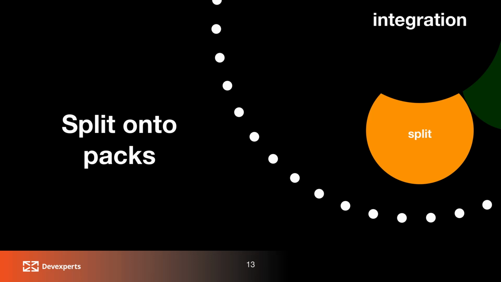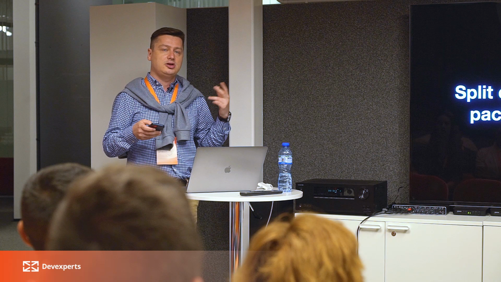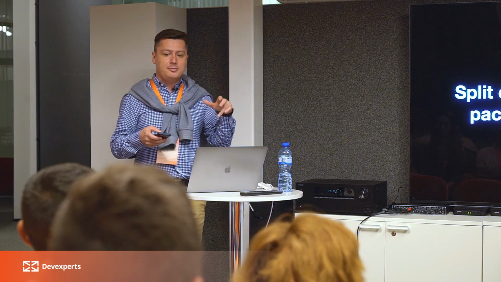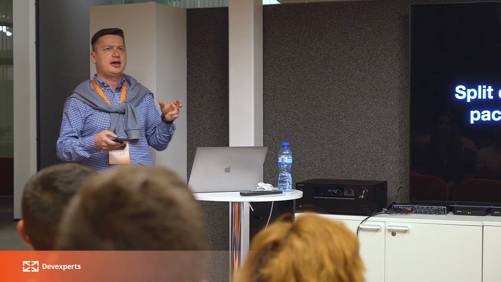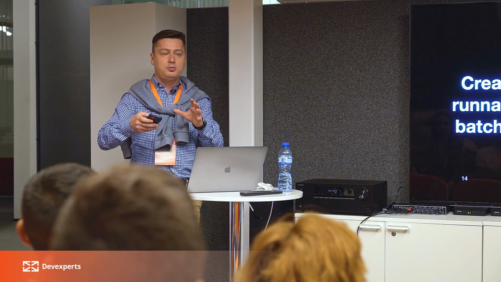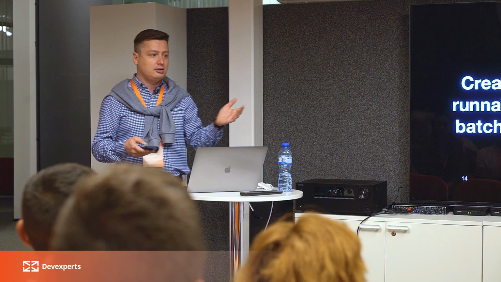Then, in scope of integration, we may want to split these filtered test cases into different subsets that are grouped by functional area, for example, or by execution type, or whatever. Then we may want to create runnable batches, and it is the way tests are combined into batches that are applicable to a test execution system, like TeamCity.